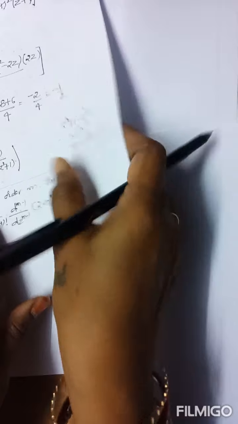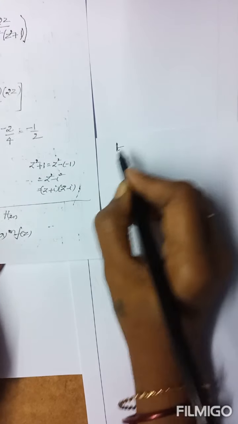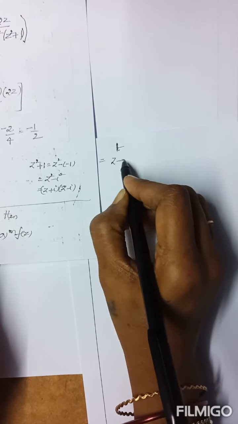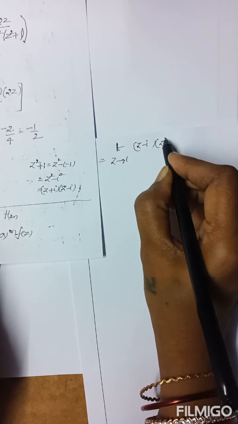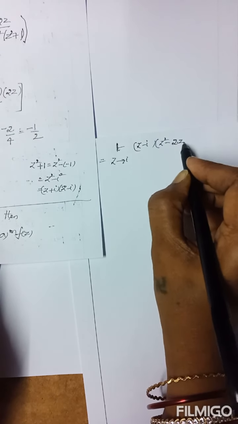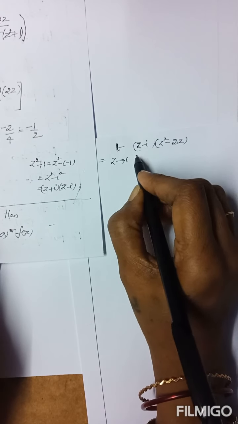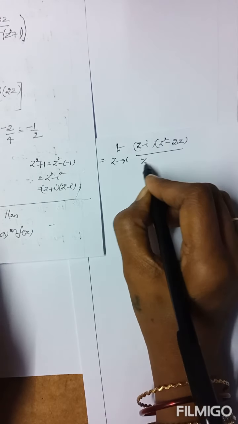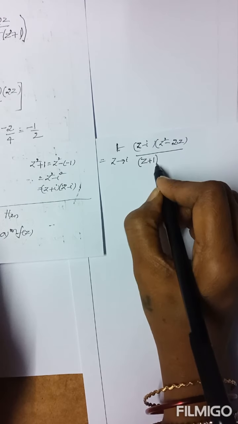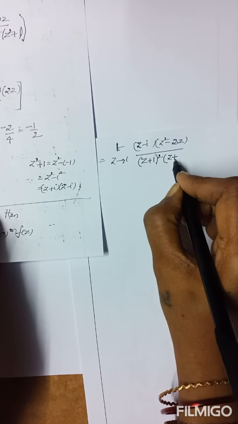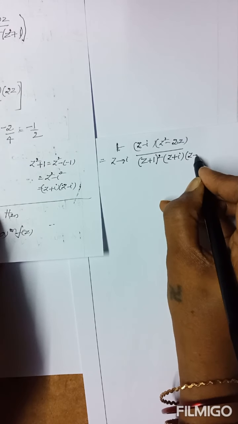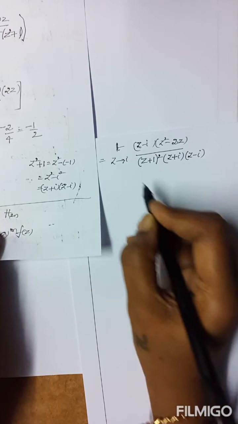So as per this, the limit of z tends to i, z minus i into z square minus 2z by z plus 1 whole square, where z square plus 1 can be written as z plus i into z minus i.